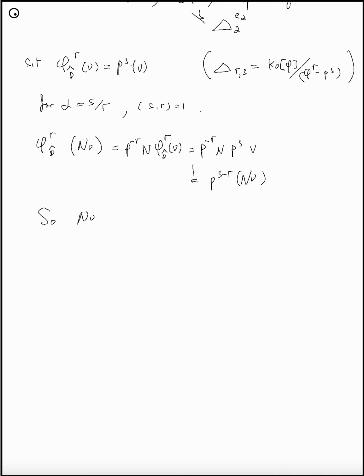Obviously this is in D because we have this monodromy operator over D, but moreover it is not only in D, it should satisfy this condition, so it should fall into D of (s minus r) over r, which is D of s over r minus 1, which is D of alpha minus 1. Right.